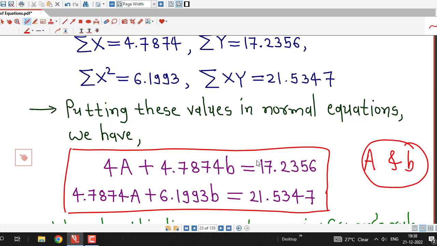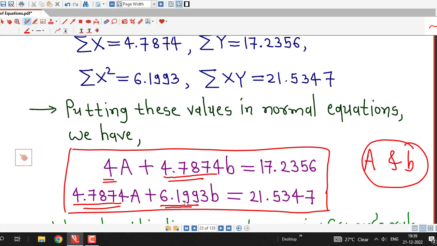So if you wish, you can apply any method or you can use Cramer's rule. I am comfortable with Cramer's rule, so I am using Cramer's rule to solve this system. For Cramer's rule, first we have to decide the determinant of coefficients of given unknowns, capital A and small b.